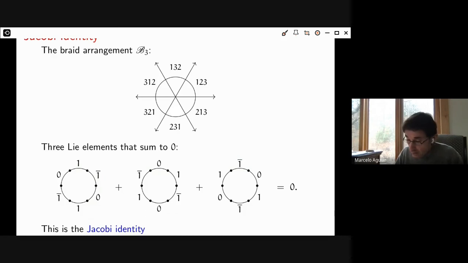For example, if I write this element explicitly, this 1 is the coefficient of 1, 3, 2. This -1 here is the coefficient of 1, 2, 3. This one is the coefficient of 2, 3, 1. And this -1, the final, is the coefficient of 3, 2, 1.